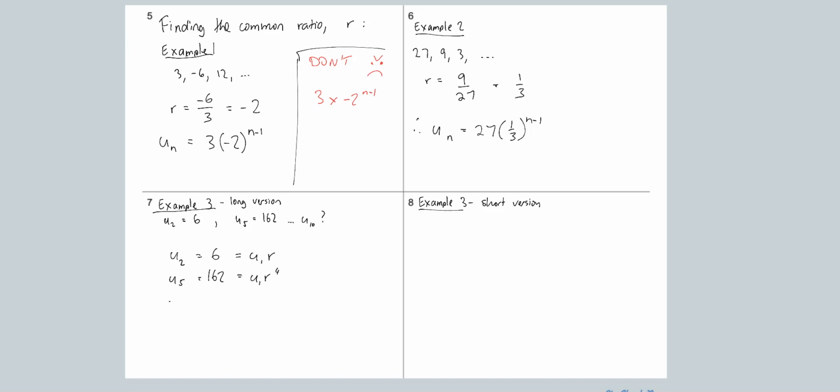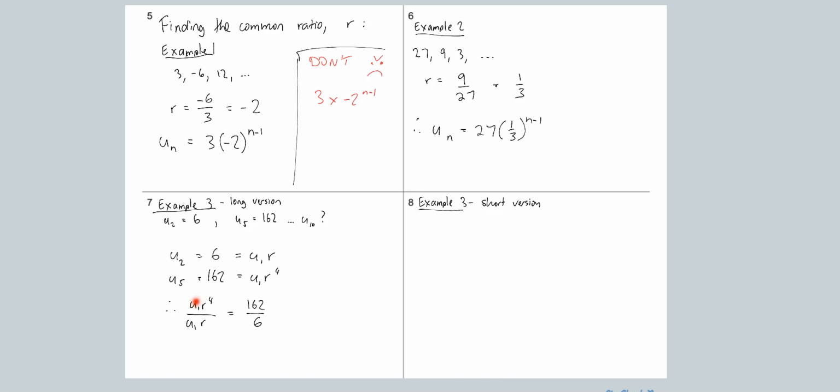Now we can't do simultaneous equations here, but there's this neat little trick. Watch this. Therefore, u sub 1 r to the power of 4 divided by u sub 1 r to the power of 1 must equal 162 divided by 6. This is why I was getting you to do it as fractions. So what I'm doing is creating a ratio of the two terms.